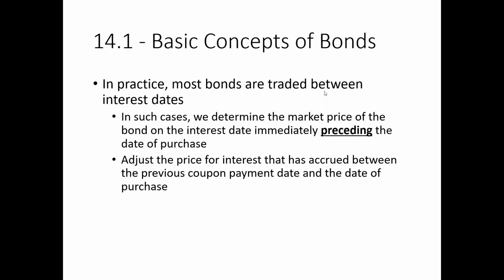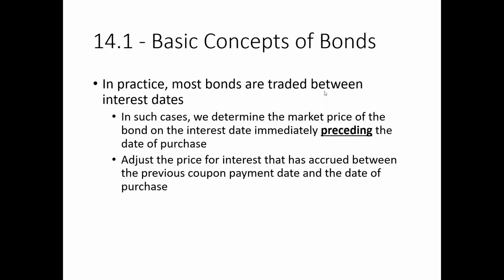There are 252 trading days in a year, and bonds can be traded on any of them, not just the two interest rate payment dates. There are 250 other dates on which the bond can be traded, and now we have to determine the price of that bond on those dates. Those 250 of those 252 dates fall between interest payment dates, and that's where the fun starts.